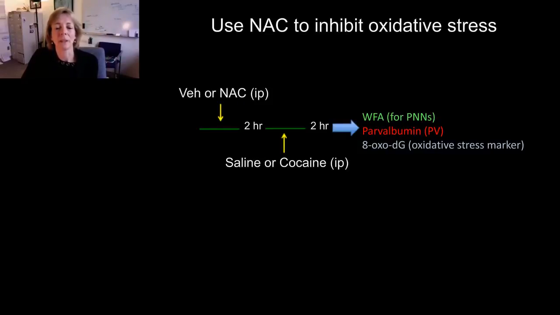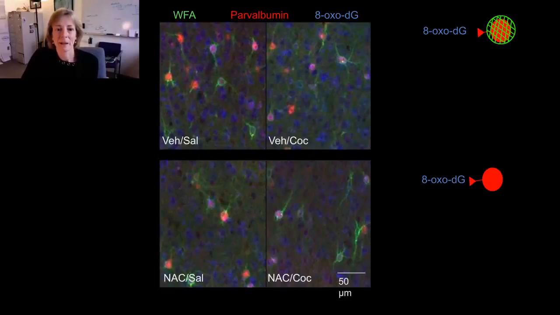And then again, we waited this 2-hour window and looked, in this case, at staining for perineuronal nets, for parvalbumin, and also 8-oxo-DG, which is an oxidative stress marker. What is shown on the left panel are the photomicrographs of that labeling. And we were interested in looking at 8-oxo-DG in neurons that are parvalbumin neurons surrounded by nets, as well as those that were not surrounded by nets.